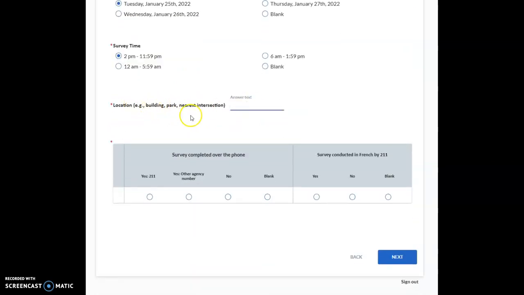So again, if you're in a park, if you're in a building, if you're at your agency, you'll fill that in. And then we just want to know if the survey was completed over the phone or not. So if it's completed over the phone by 211 or a different agency number, and then also whether the survey was conducted in French or not.